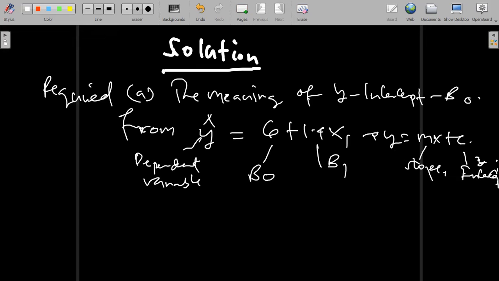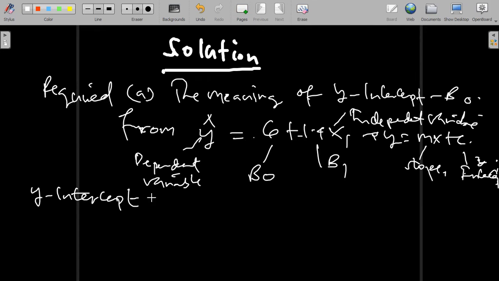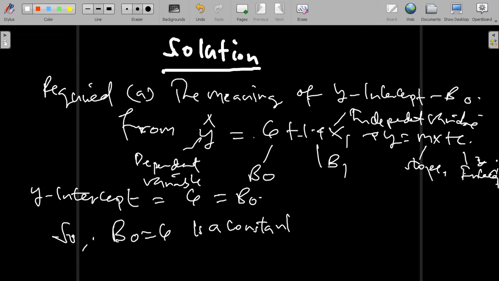In the function y is equal to mx plus c, m is the slope and c the intercept. y is the dependent variable and x1 is the independent variable, sometimes called the explanatory variable. So the y-intercept is observed to be 6, which is equal to beta naught.